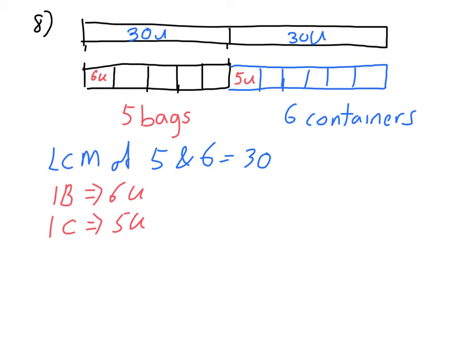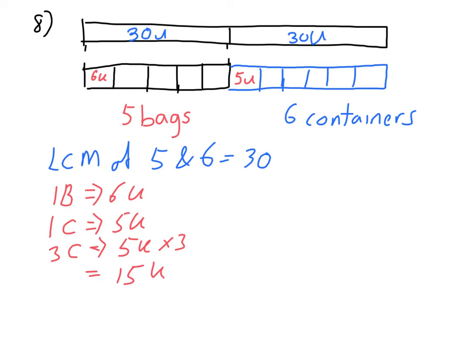Okay, now we look at the question. It says there are 63 lemons in one bag and 3 containers altogether. One bag is 6 units, right? And 3 containers is how many units? Okay, 3 containers equals to 5 units times 3, 15 units, right?